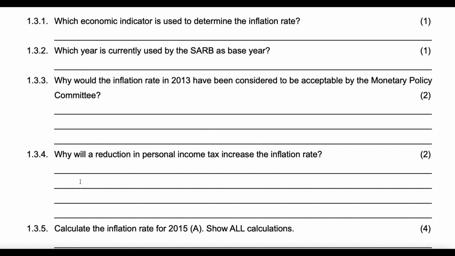Why will a reduction in personal income tax increase inflation rate? Well, if tax is reduced, disposable income goes up. This is done maybe to stimulate economic activity. But when we are having problems of inflation, usually we will be having economic prosperity.